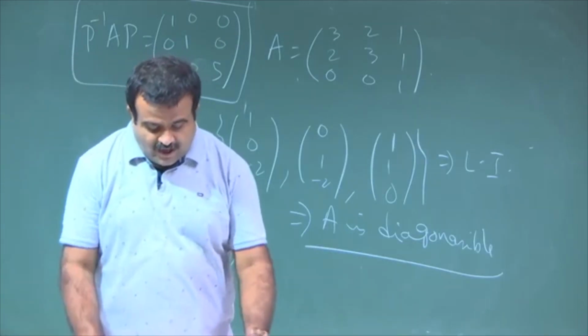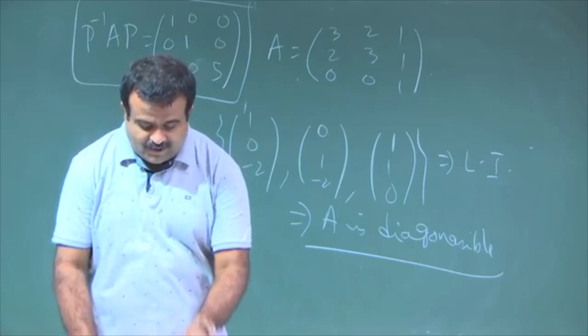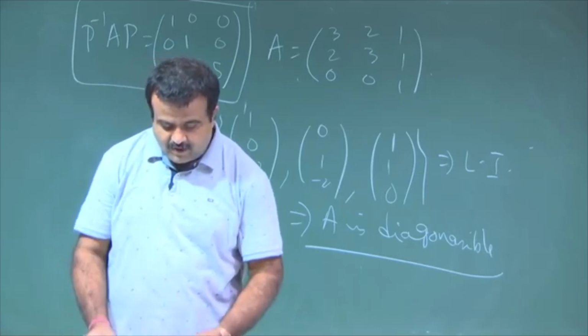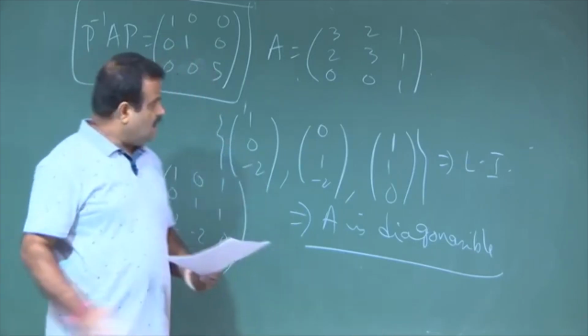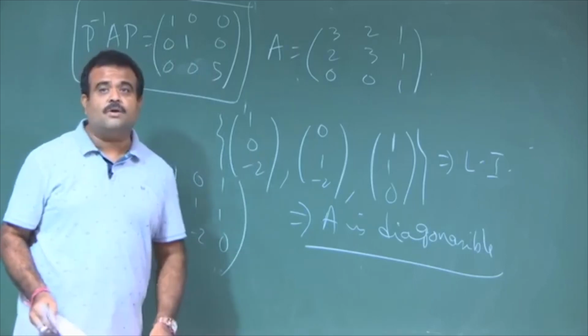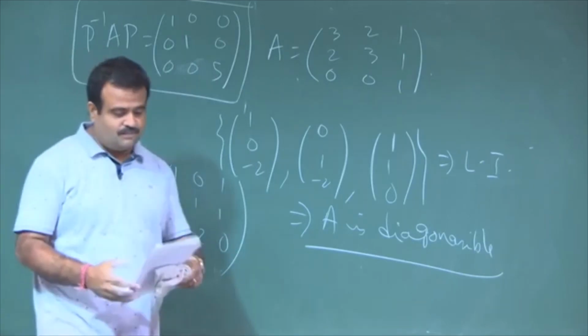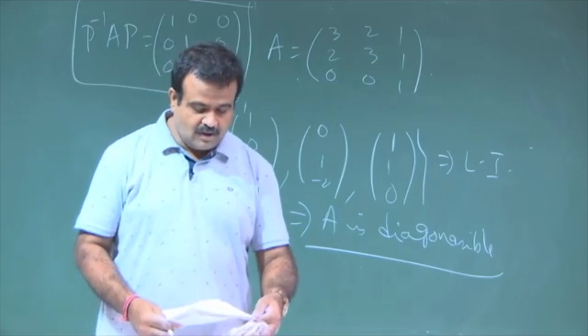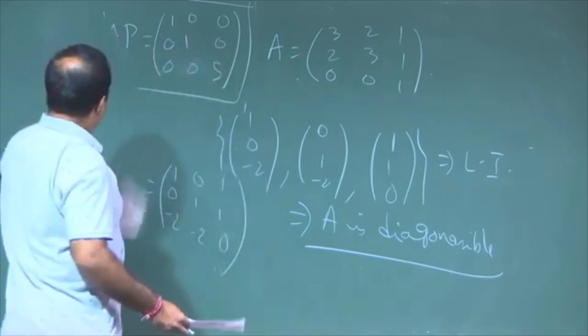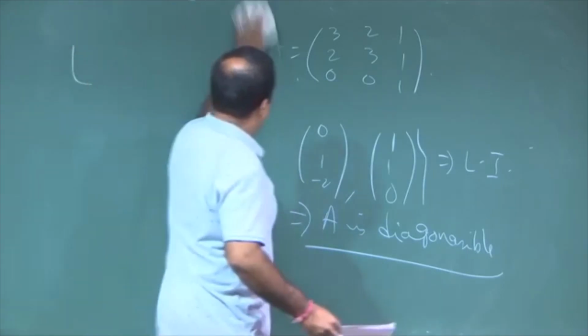Okay. Now, we take another example where the eigenvalues are not regular. In that case, it is not diagonalizable. So, we can take a quick example.